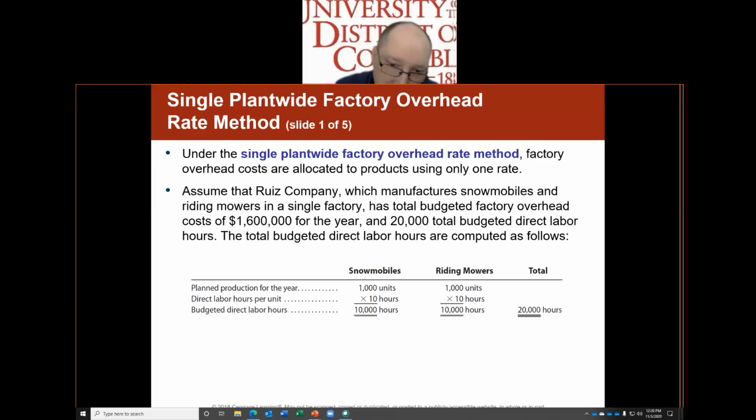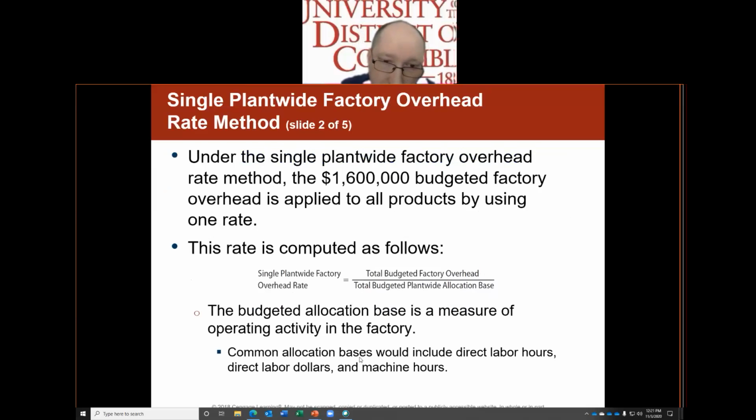It takes me 10 hours to put together one snowmobile. It takes me 10 hours to put together one riding lawnmower. So 1,000 units times 10 hours per unit gets me to 10,000 hours total for each product line, I should say. Which tells me it's going to take 20,000 hours for that year.